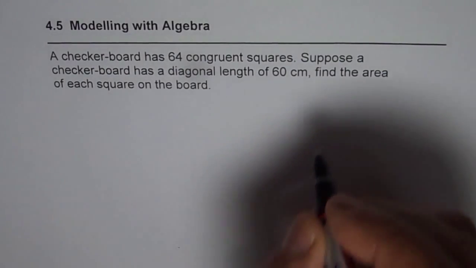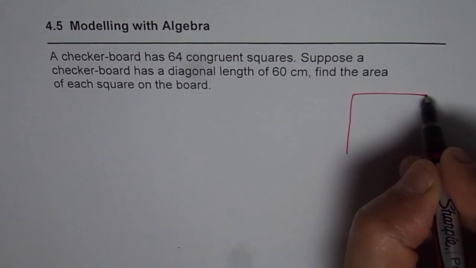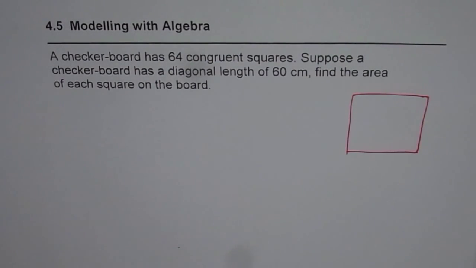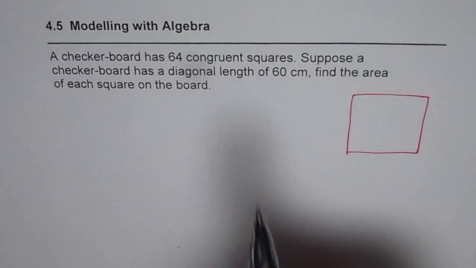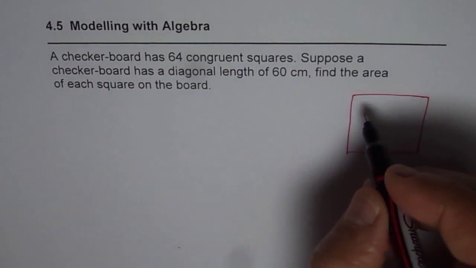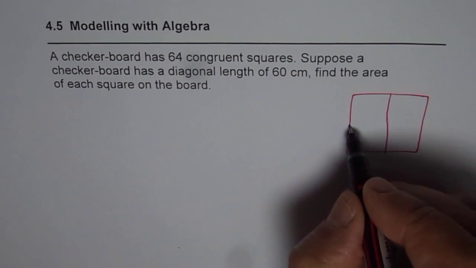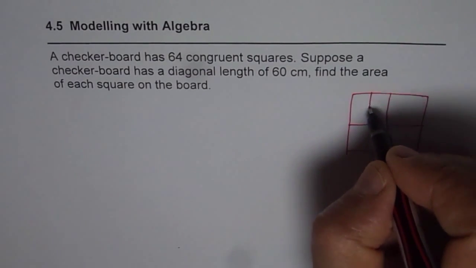So let's think about the board as a square with 64 squares within it, right? What we are given here is that the checkerboard has 64 congruent squares, so that means 8 by 8. I could divide this into 8 portions, so that is half of that.